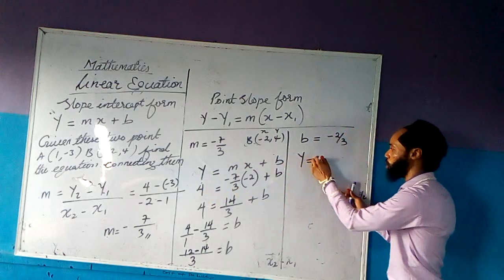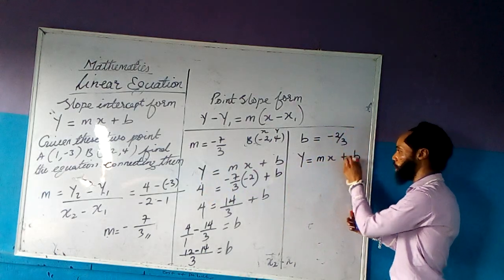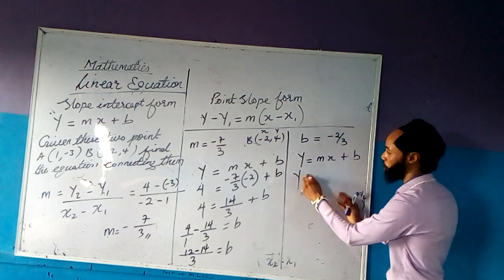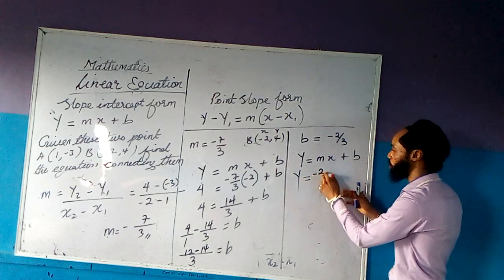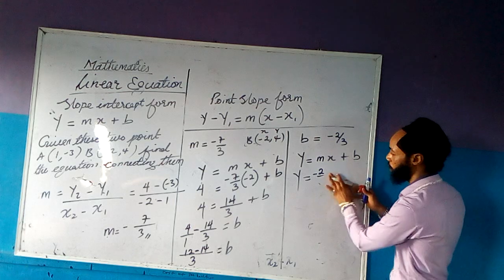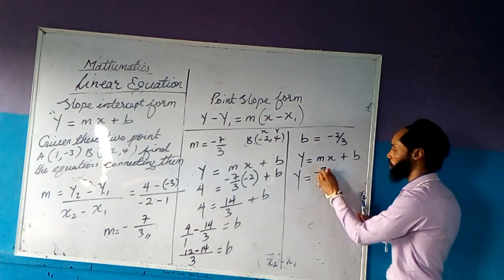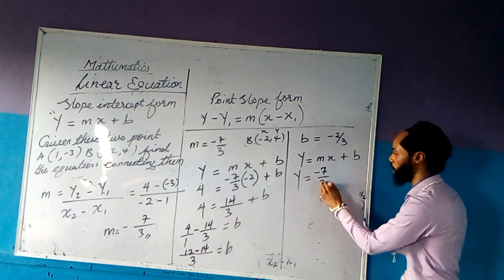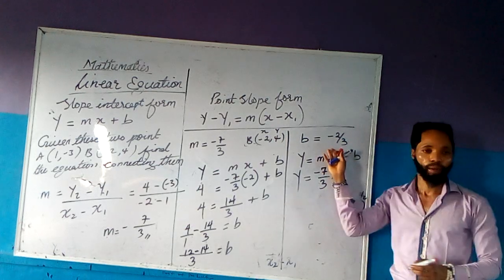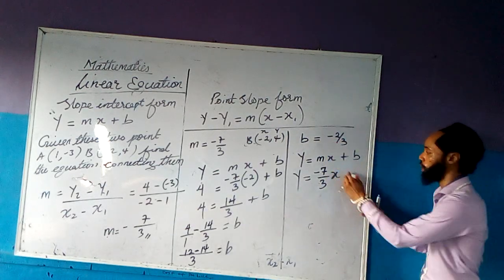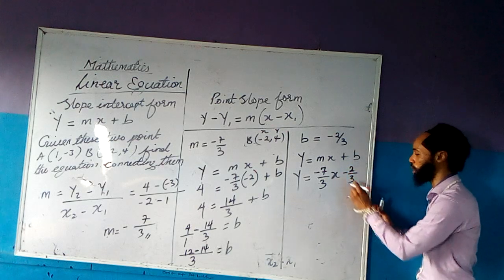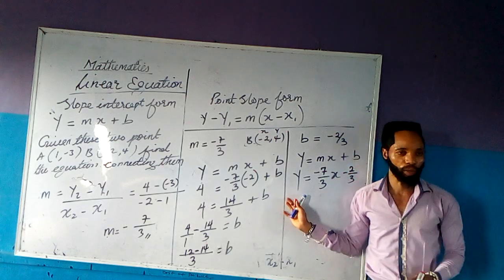Now we set it back to the equation y equals mx plus b. Write your y, don't change it. Put your slope, negative 7 over 3, put your x, then b is negative 2 over 3. Now this is your equation.